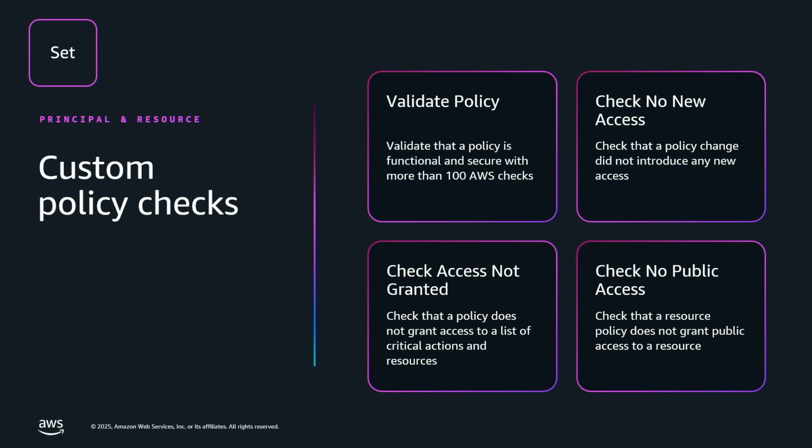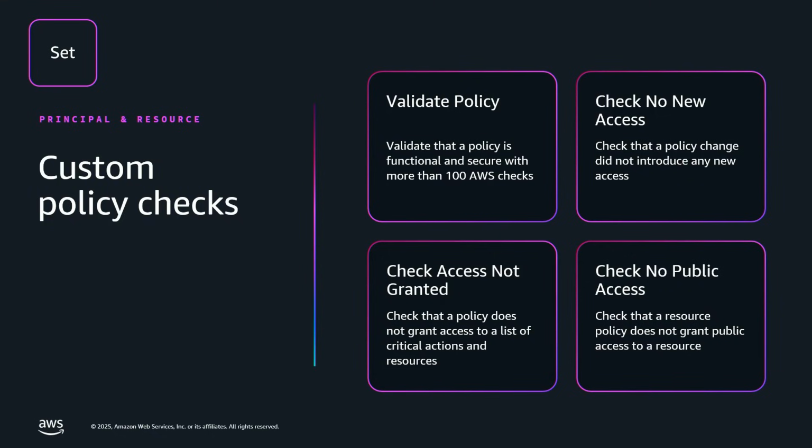Go clean those up. For the other 3 APIs, the ones that start with check, these are things that are your best practices. So your organizational standards, you would say, hey, I don't think this role should generally have access to S3 delete bucket.